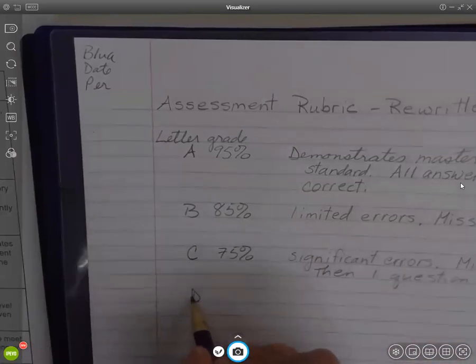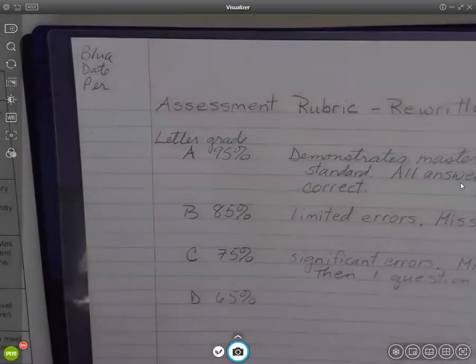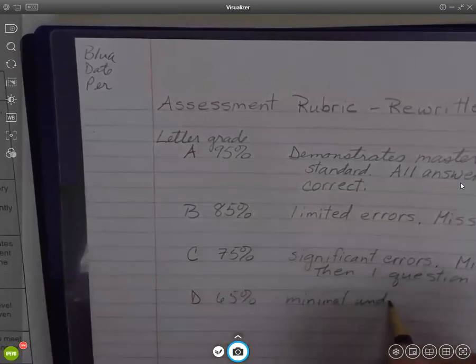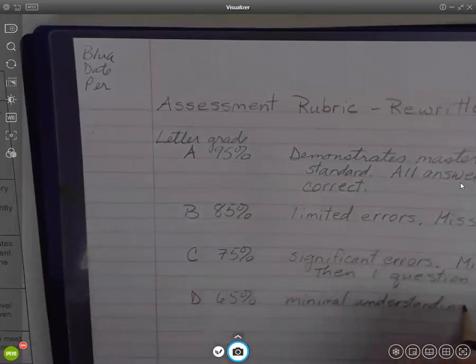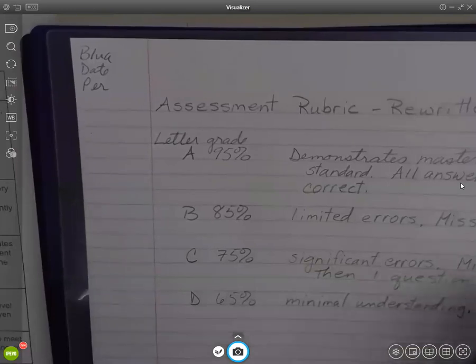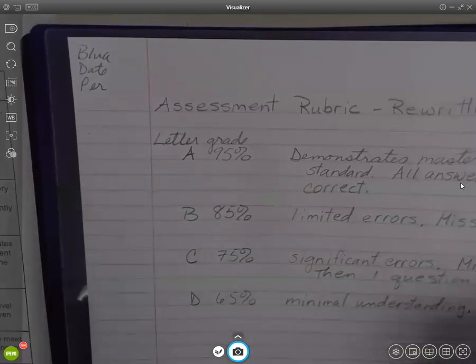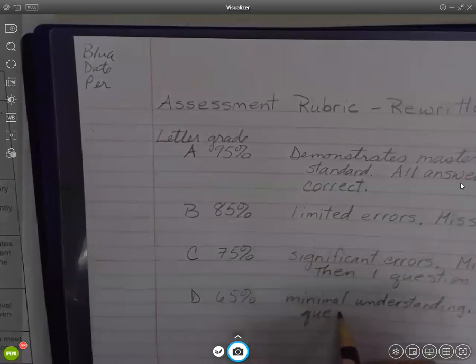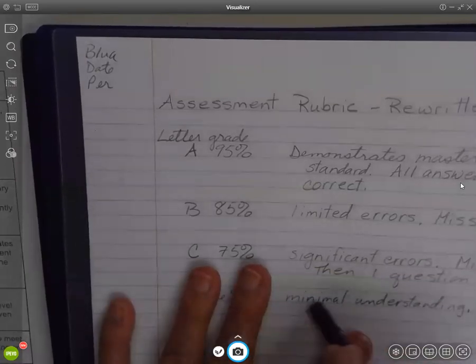Okay. A D is 65%. And you have minimal understanding. And you have no correct answers.